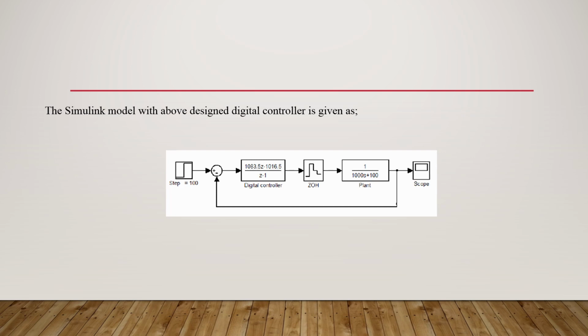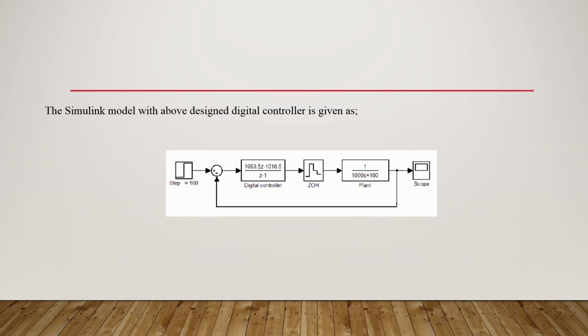This Simulink model is for the digital controller design. First, we click on the Simulink option on the status bar, and then we open the Simulink library browser. From the library browser, we pick all these blocks. First, we take the step block and place it on the blank model. By double clicking on this step block, we can define its initial and final values.